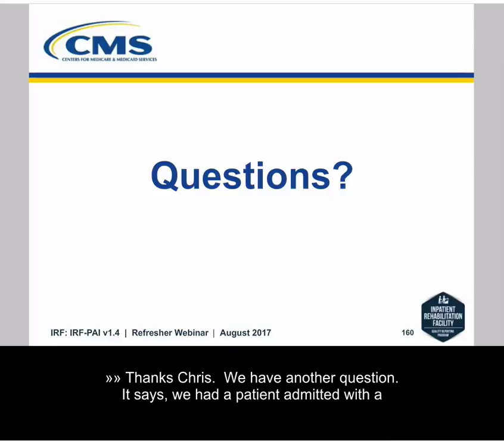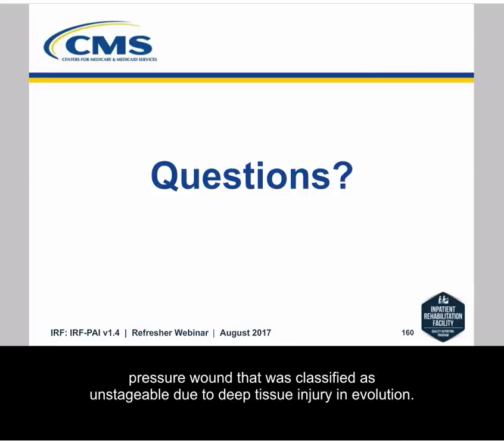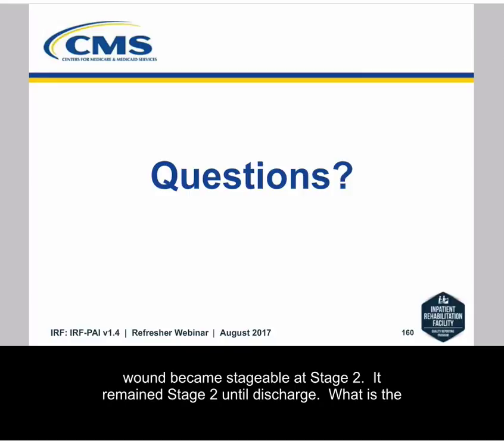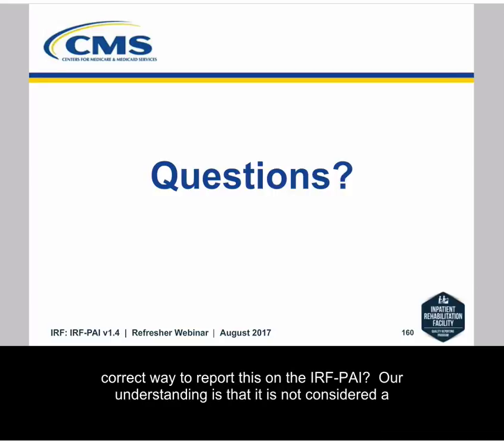Thanks, Chris. We have another question. It says, we had a patient admitted with a pressure wound that was classified as unstageable due to deep tissue injury and evolution. I guess it was present on admission. Over the course of the rehab stay, the wound became stageable at stage 2. It remained stage 2 until discharge. What is the correct way to report this on the IRF-PAI?